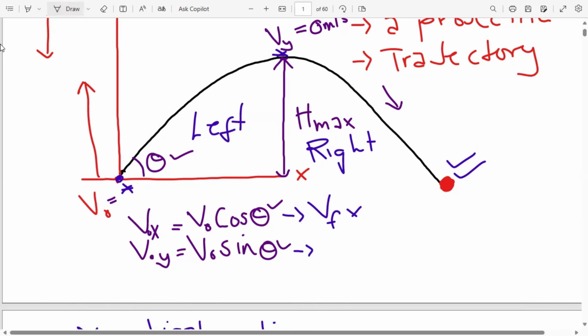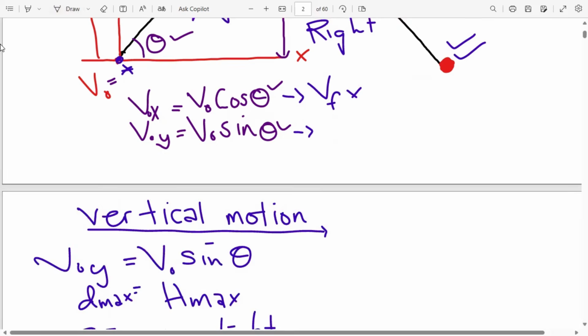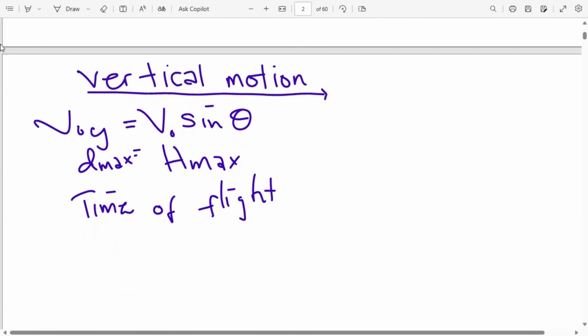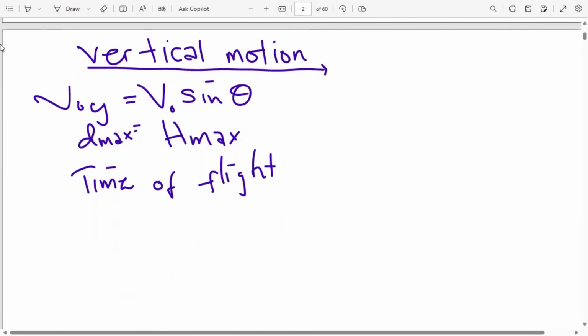So let's look at how we're going to derive the equations for calculating these components of motion in the vertical, in the y-axis. When I explained the Soviet equations on Saturday, I said they are used when acceleration is constant.